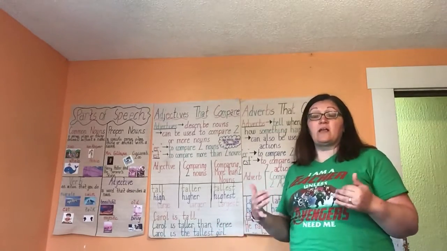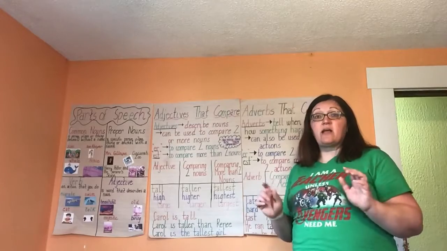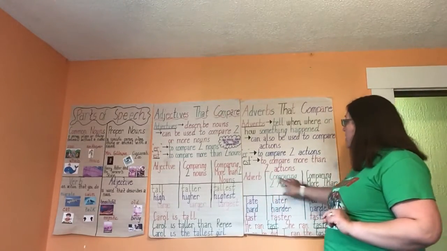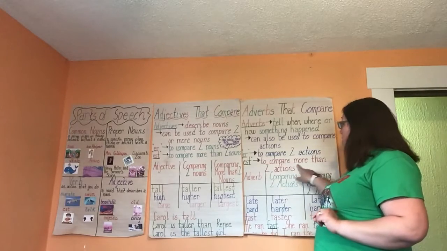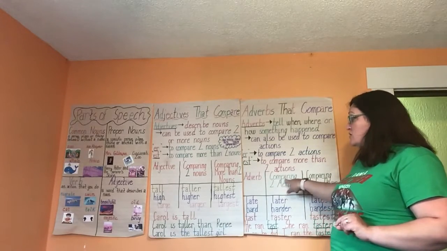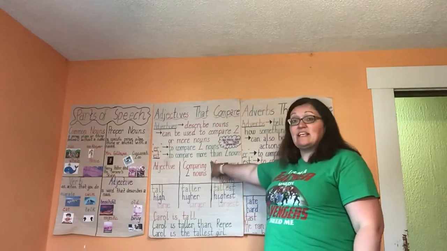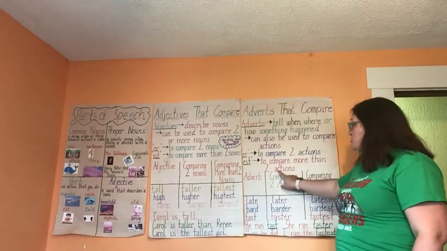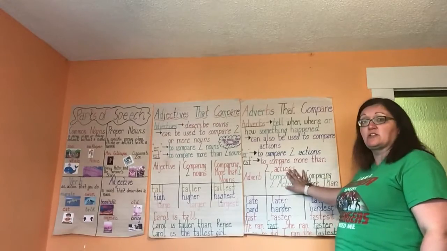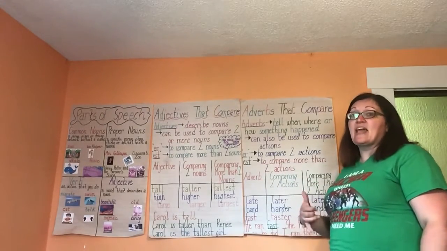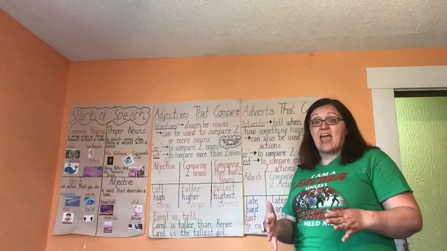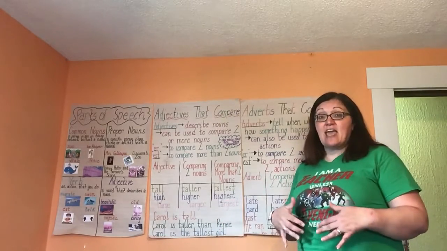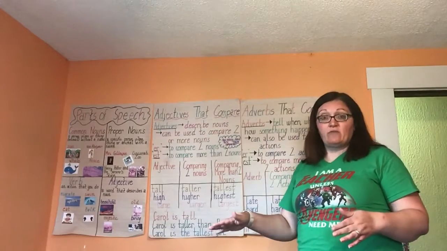I'm the one doing all the actions, but it's comparing how fast I'm running each time. Then we can add EST to compare more than two actions. So if I say I ran the fastest today the entire week, that means I ran the fastest today than all the other 7 days I went running.